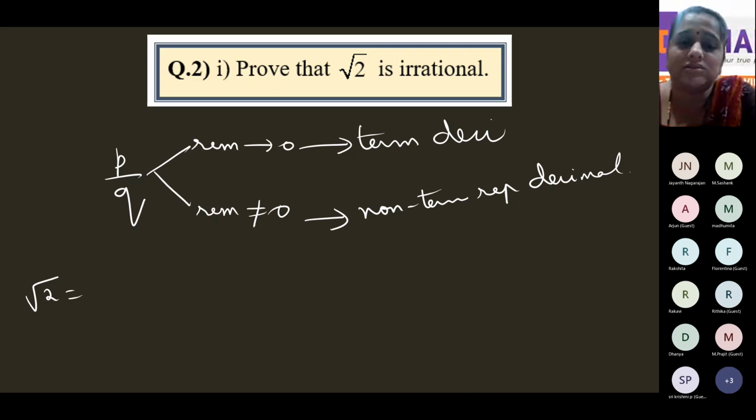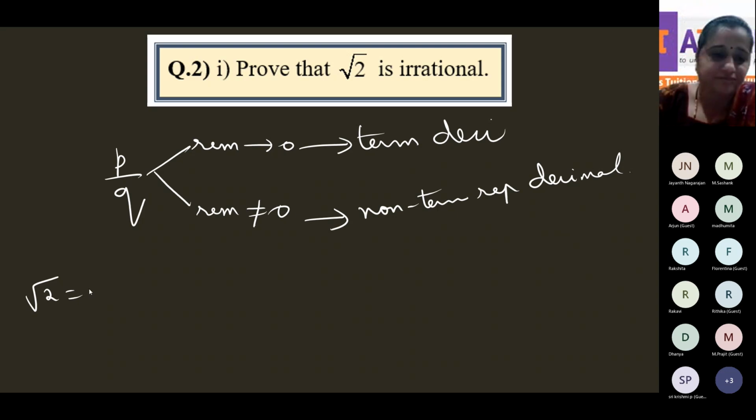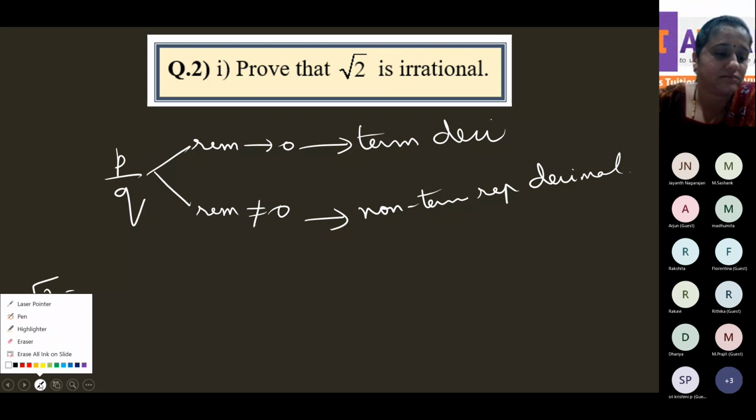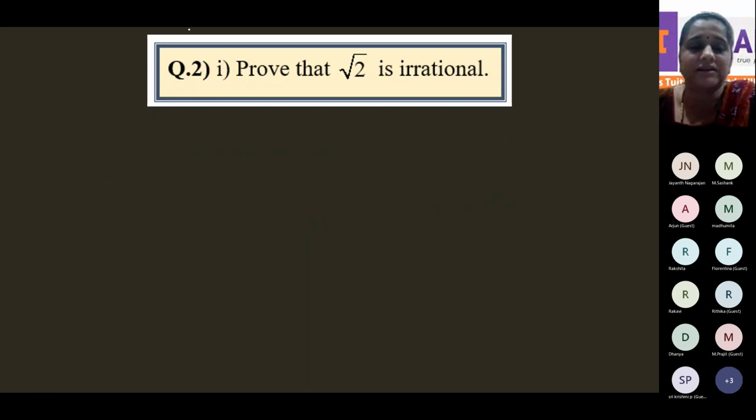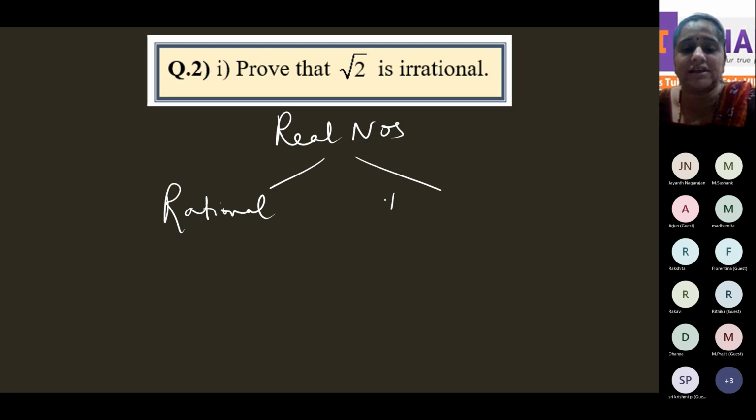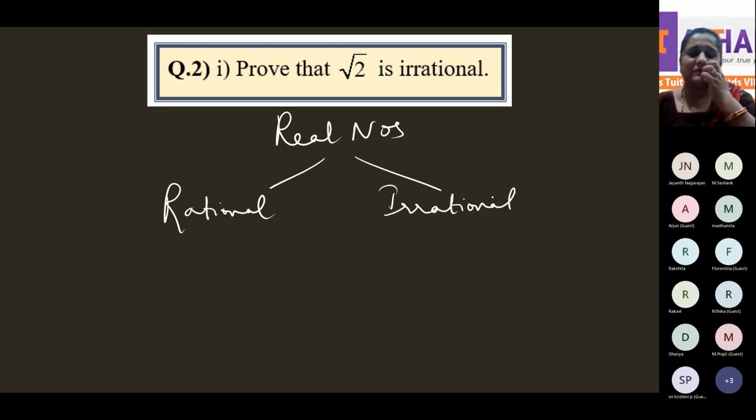Okay, so this is what real numbers are. Real numbers are broadly classified as rational numbers and irrational numbers. Don't write anything. You will get all these notes. Just listen.